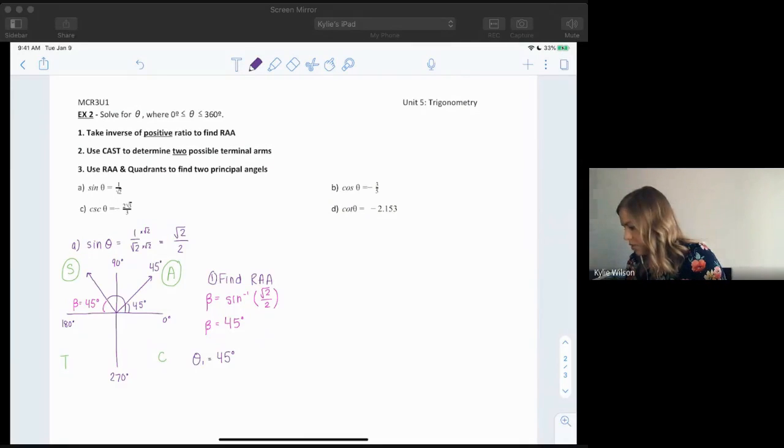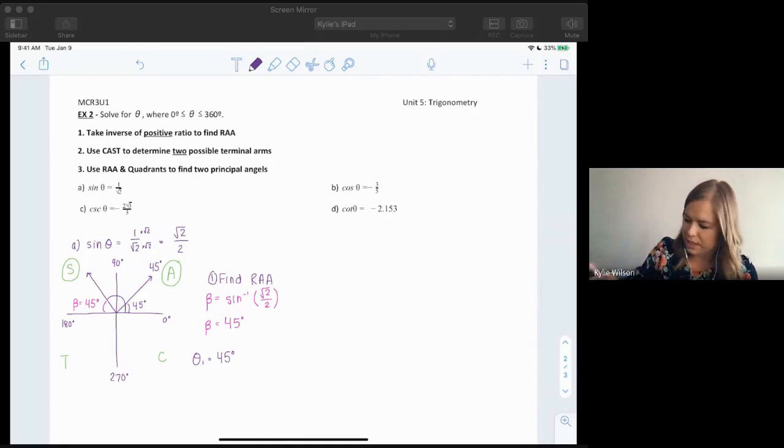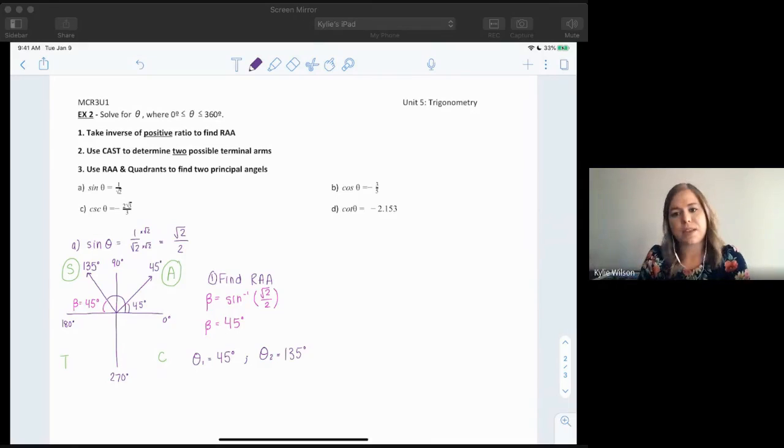I'm just going to do 180 minus 45. So this angle would be 135 up here. That means my second angle is 135 degrees. So there are actually two angles that would have a sine value of positive root 2 over 2.